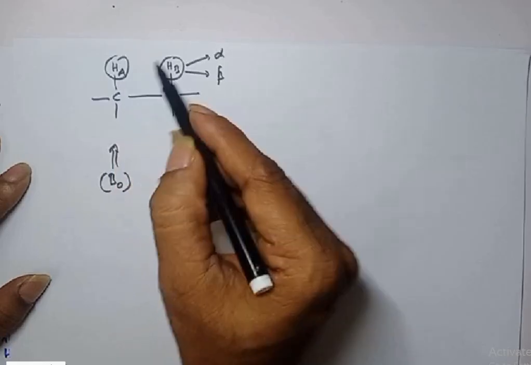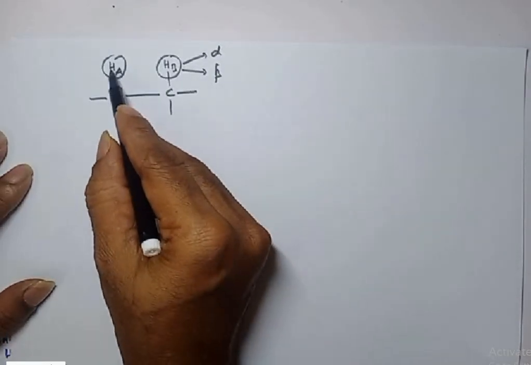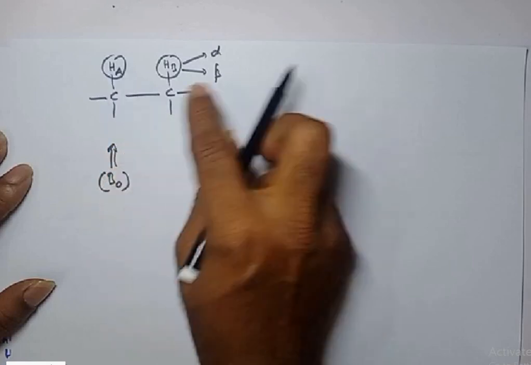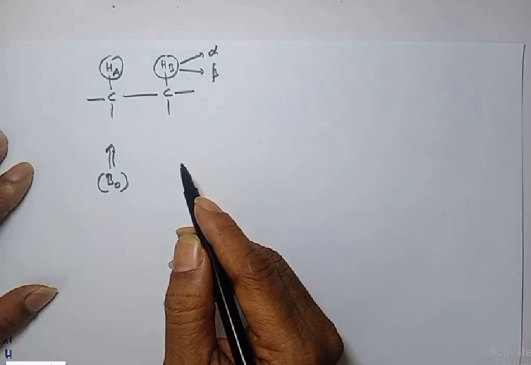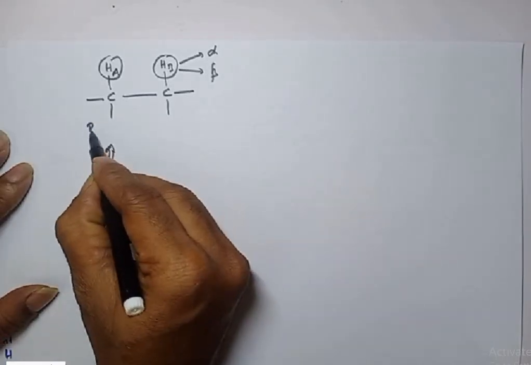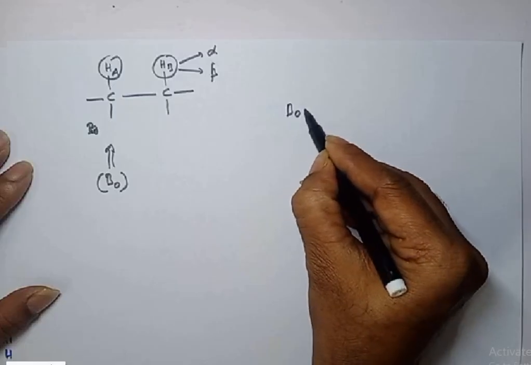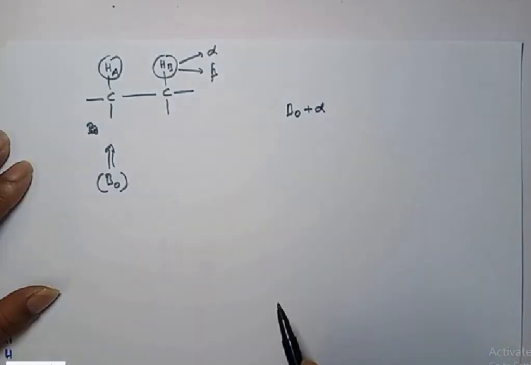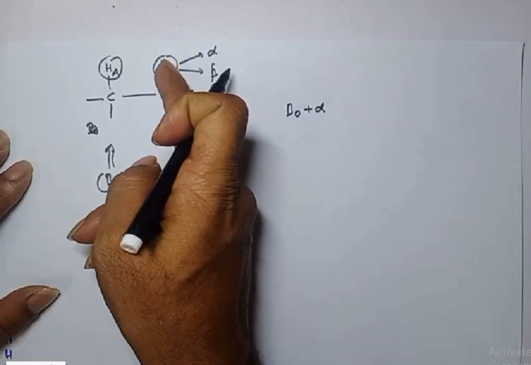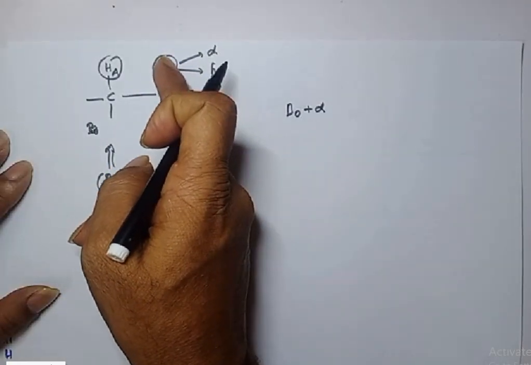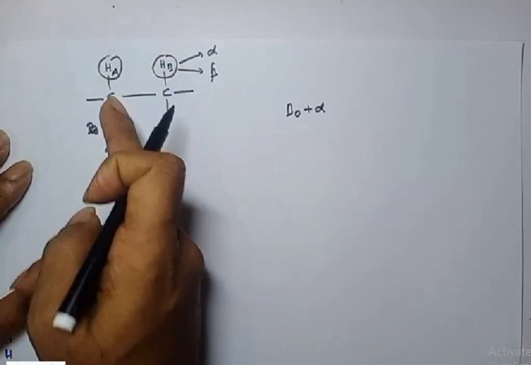Since it has two different spin states, the HA nucleus sometimes sees an additional magnetic field, which is B0 plus alpha. Alpha is the field induced by the nucleus, and that field is reinforced with the external magnetic field.